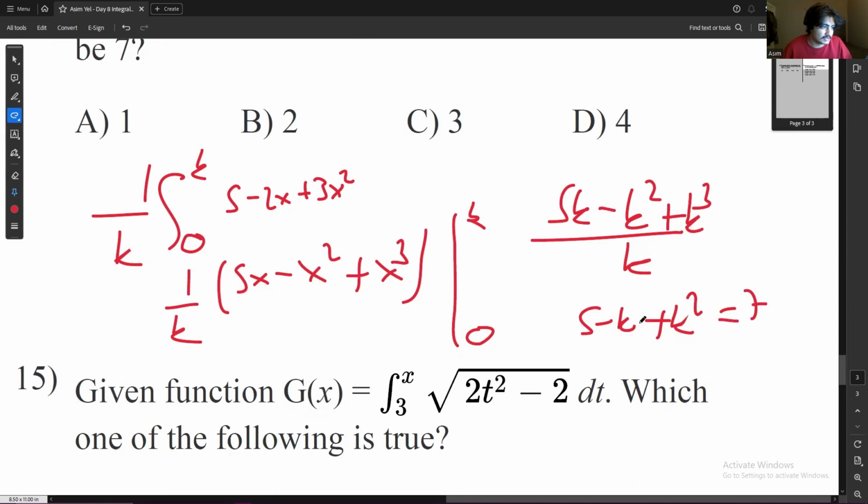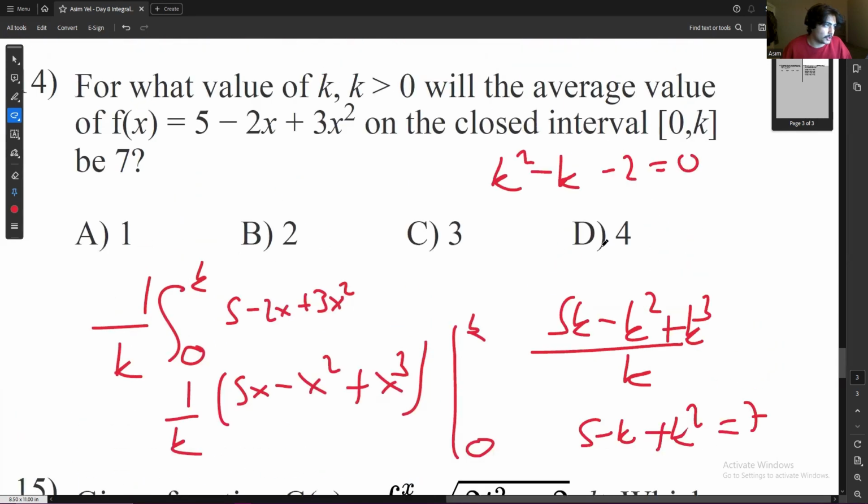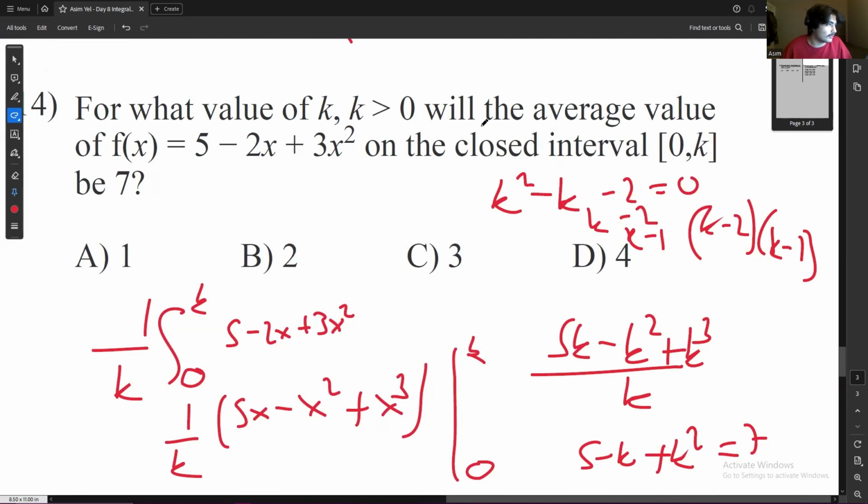So basically, this is a very simple equation. Now let's subtract 7 from both sides to make this a quadratic. K squared minus k, and subtracting 7 from both sides makes this minus 2 equals 0. I can factor this as k minus 2, k plus 1.